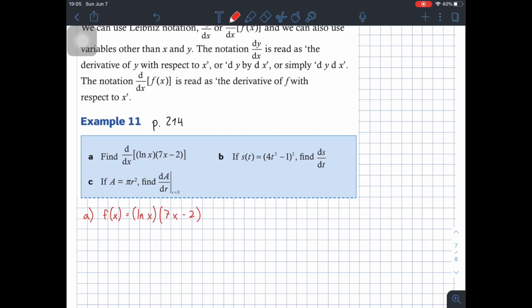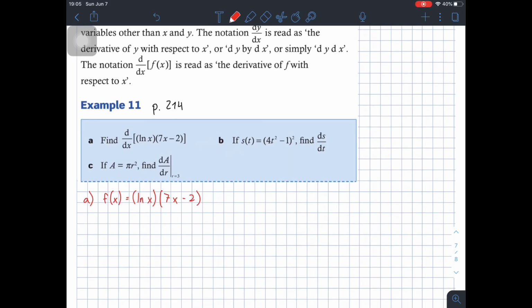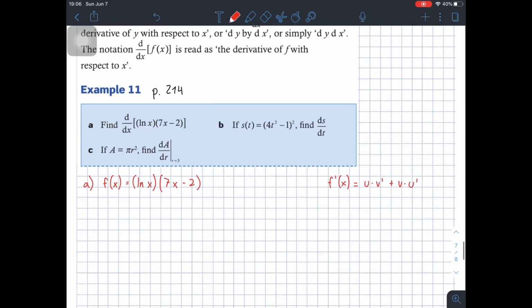This is a function, right, which we want to differentiate. So in this particular situation, we need to apply the product rule, right? We cannot simplify this expression to apply a power rule, so we need to apply here the product rule. Remember, the product rule said that f prime of x is equal to u times v prime plus v times u prime, okay? That's what the product rule says.